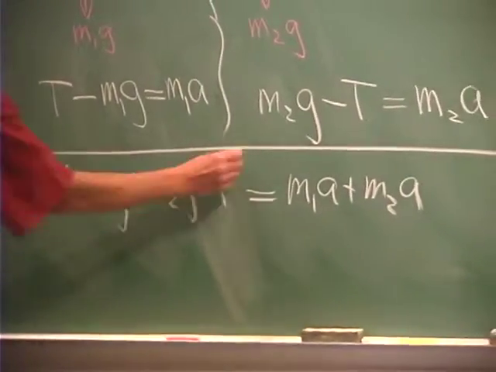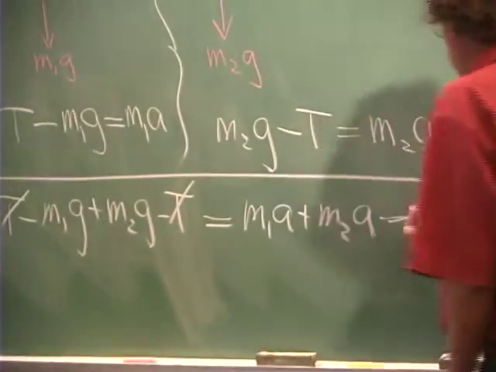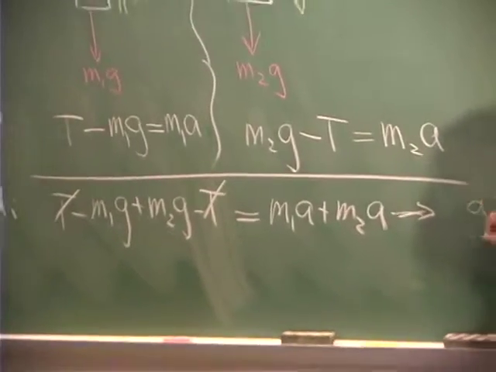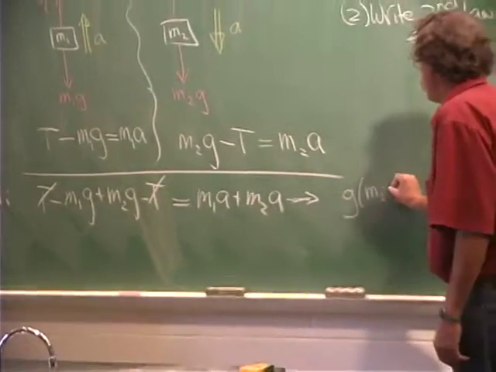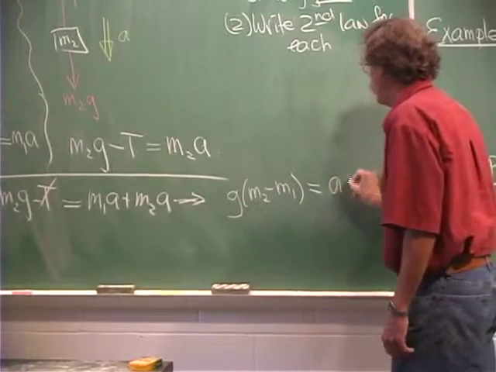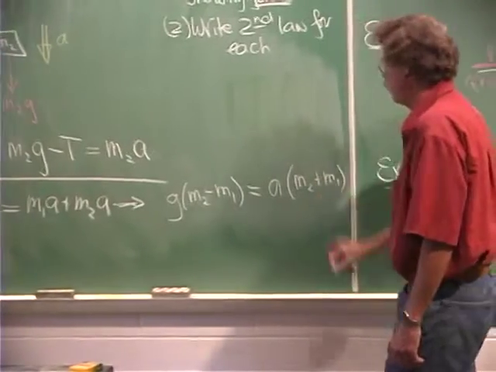The T's here nicely cancel out. I could rewrite this equation, I guess, factoring out the common factor of G on the left. G times M2 minus M1 is equal to, and factoring out the common factor of A on the right, M2 plus M1.